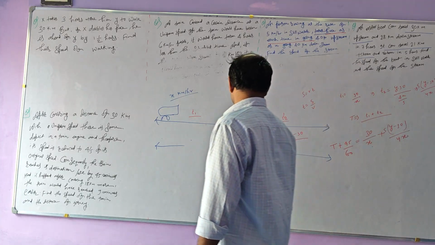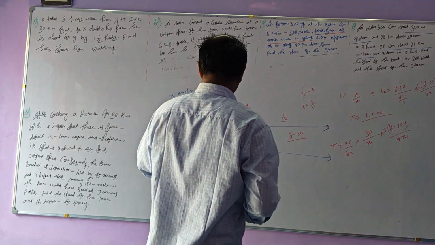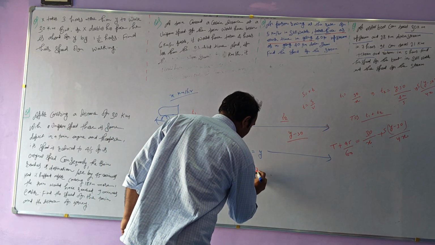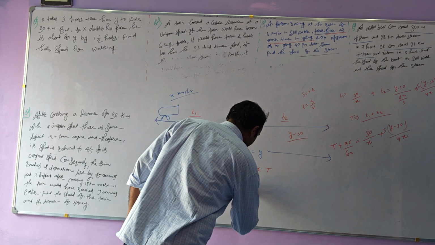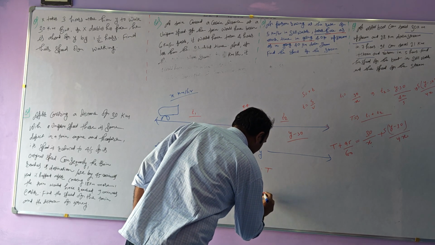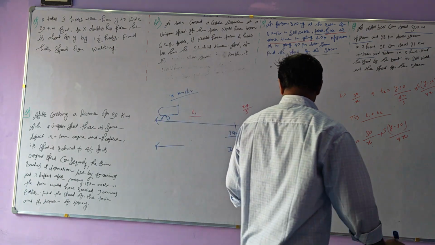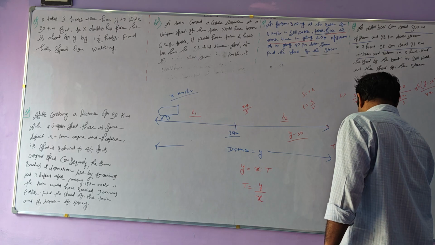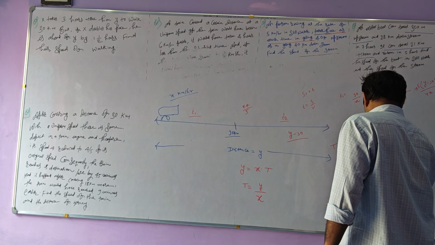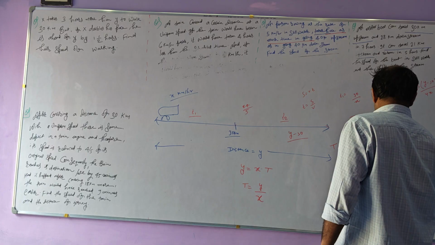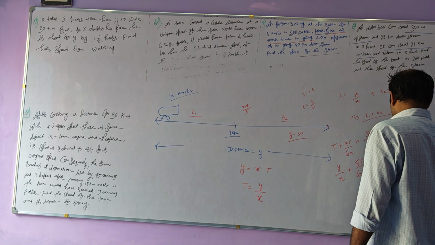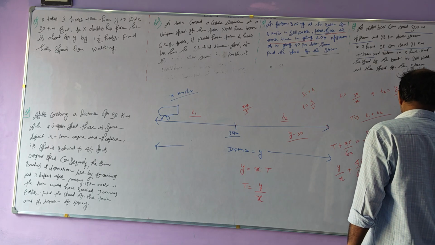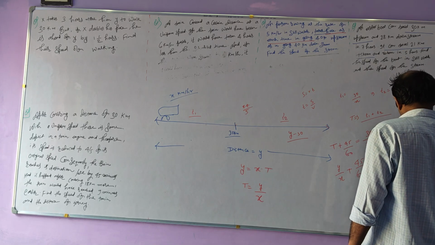T is equal to what? We know distance y is equal to x into t, then t is equal to y upon x. We replace t with y upon x plus 45 upon 60, that becomes 30 upon x plus (5y minus 150) upon 4x.